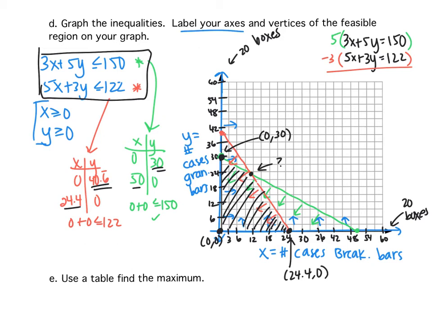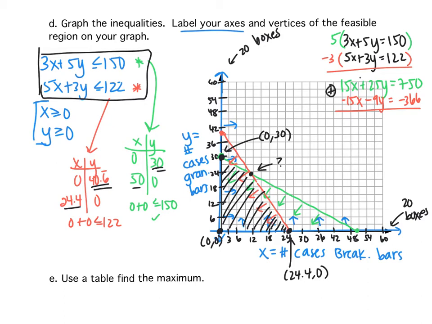On the top, I get 15x plus 25y equals 750. The bottom, I get negative 15x minus 9y is equal to negative 366.